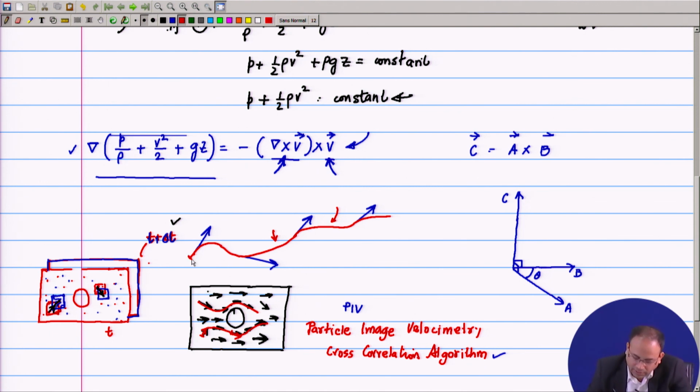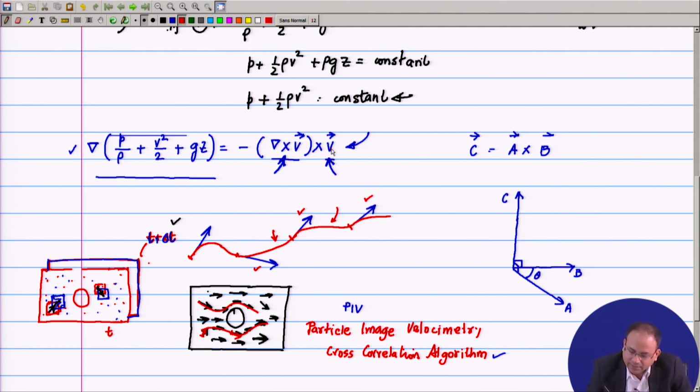So, you see at this point the local tangent is along this velocity vector, at this point the local tangent is along this velocity vector, at this point the local tangent is along this velocity vector, at this point the local tangent is along this velocity vector. So, then your red curve is the streamline or the streamline direction.